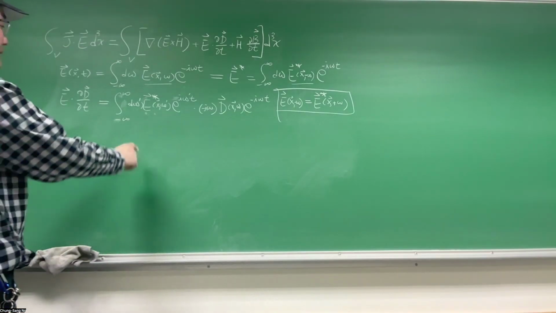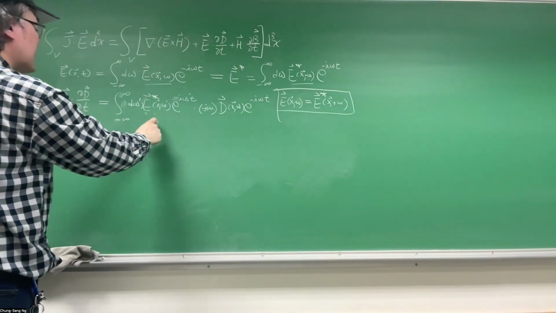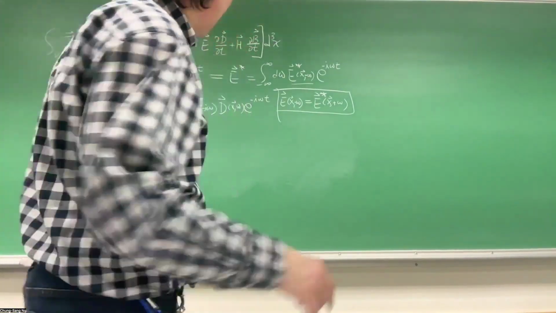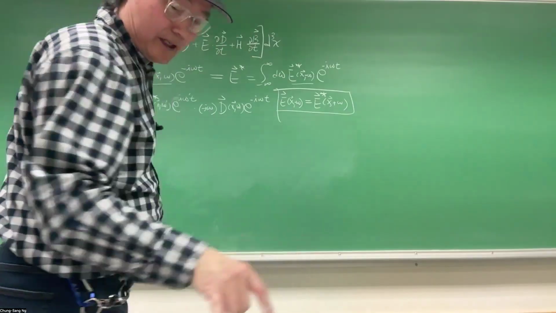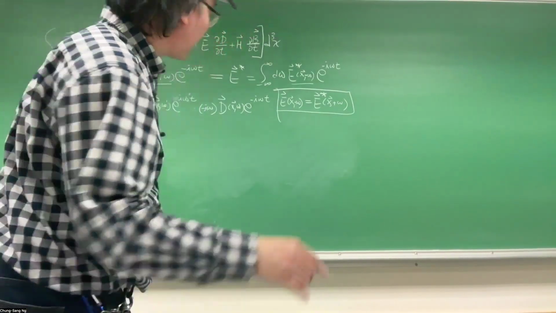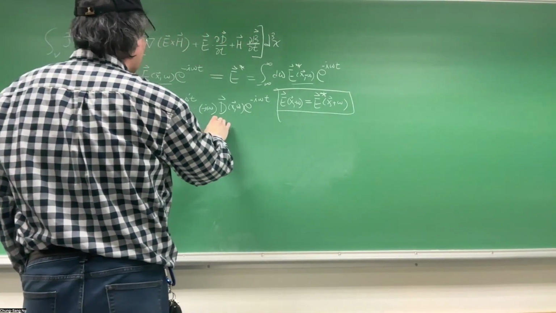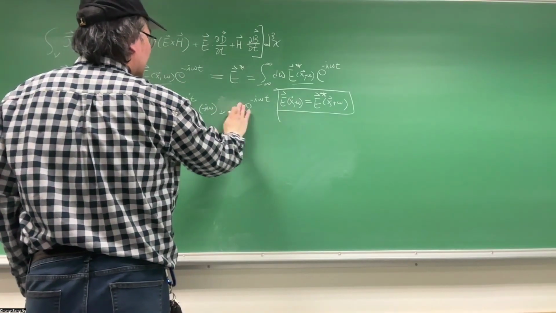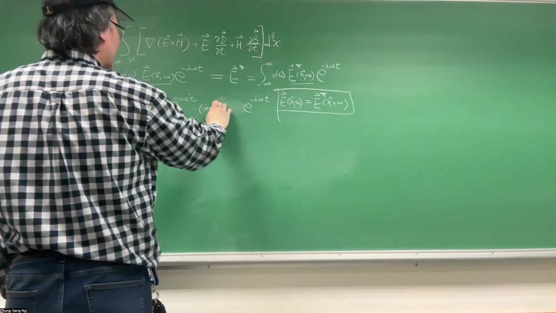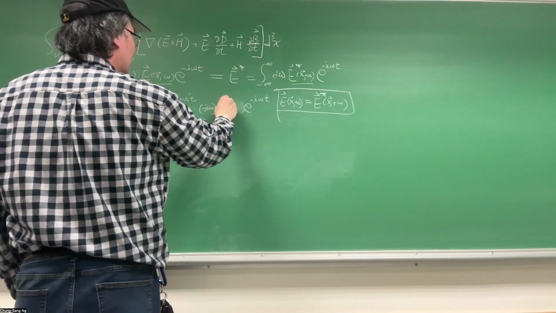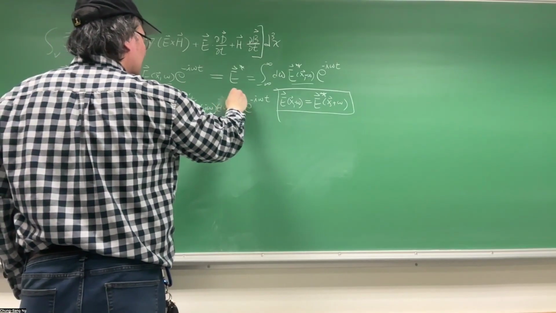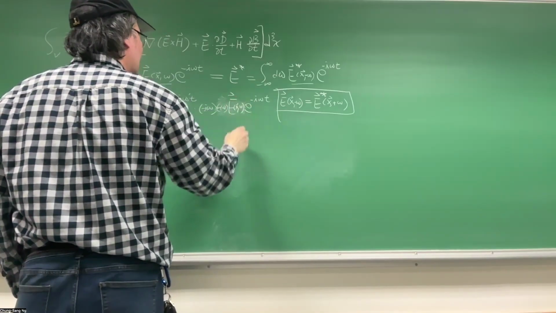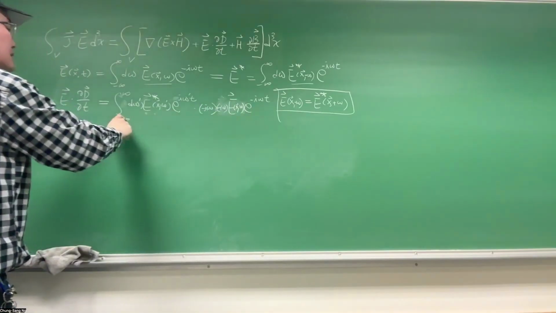Okay. So now you get to this part. This is Jackson. I forgot. Jackson is not done yet with the argument. So the final expression is just changing D using what we talked about before, epsilon of omega times E. Okay.